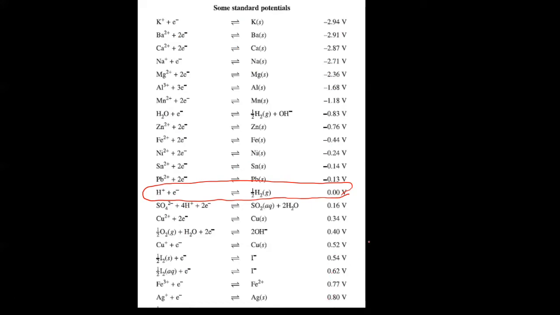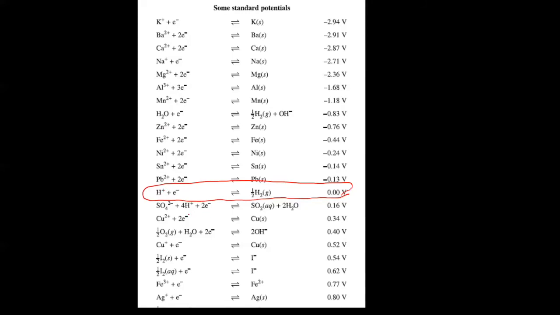Since E is for gaining electron, all the half equations above hydrogen have less tendency for gaining electron compared with H+. So if there is a competition between H+ and any of these ions for gaining electron, H+ is the winner.